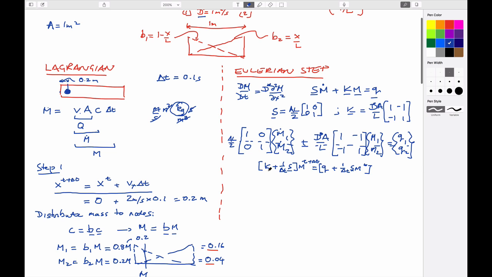the value of the K matrix. There's only one term. It's going to be 1 plus storage, which is equal to 1/2 times delta t times m.